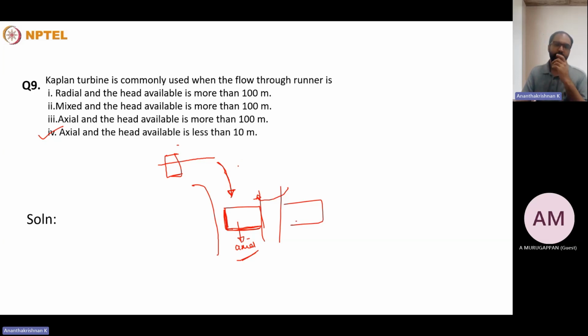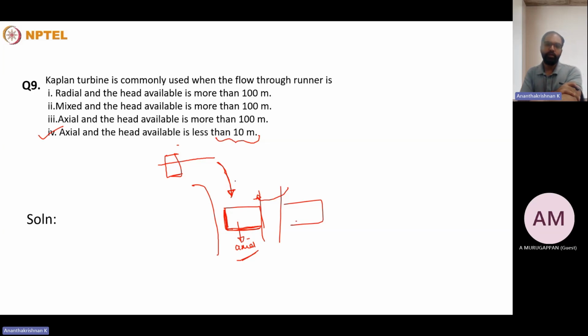If we can maximize the C theta 1 value, then we can get the maximum value of the head, the maximum value of the power produced. So if the head available is less, we should be going for the axial turbines and basically Kaplan turbines.